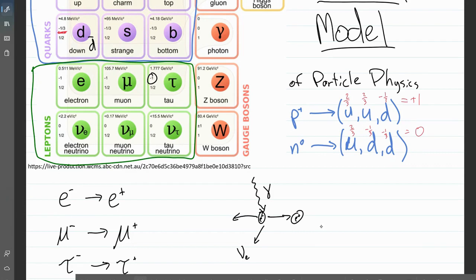And then we created this positron, which means we have to create an anti-electron neutrino because this positron is an anti-electron. So because we created an electron, we create an electron neutrino. Because we create a positron, we create an anti-electron neutrino.